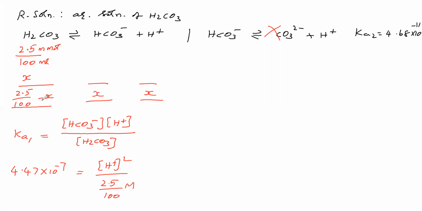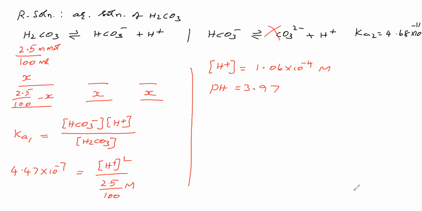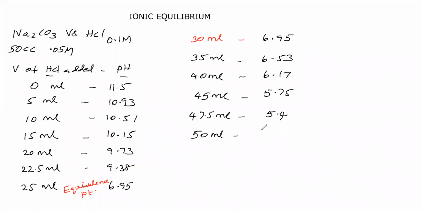We have neglected this x because the equilibrium constant is 10 power minus 7, which means the equilibrium lies almost left. Therefore, we are neglecting x with respect to 2.5 by 100. By simplifying this, we get the concentration of H plus as 1.06 into 10 to the power of minus 4 molar. From this, we find pH. pH is equal to 3.97. Okay, we got the pH of the solution, that is 3.97.